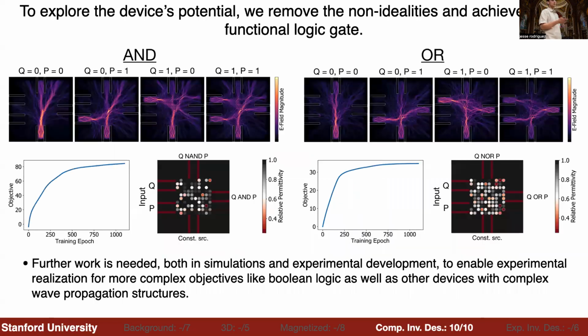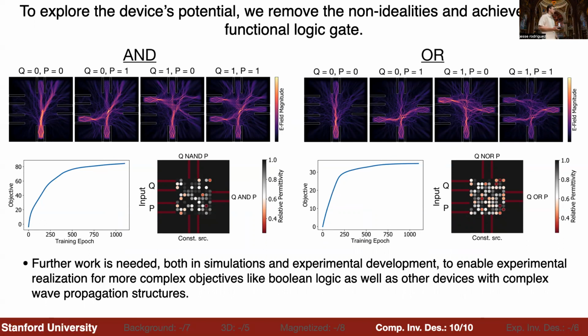But first, to really explore this device's potential, we remove all the non-idealities, and we can achieve a fully functional logic gate. So this is Boolean logic, an AND/OR logic gate, and this is a non-linear objective that's being achieved by devices with just inherently linear physics, and there's a lot of loss that's allowing it to do so.